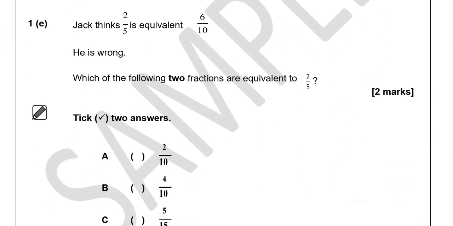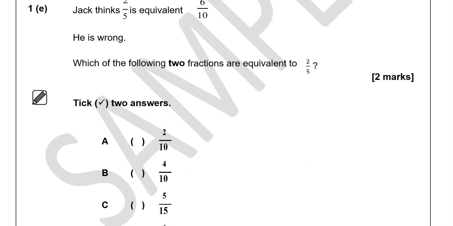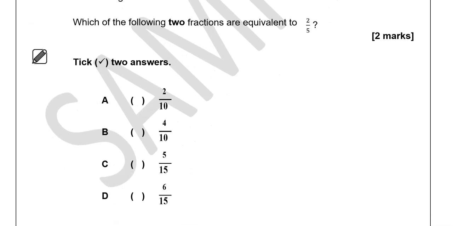Jack thinks 2/5 is equivalent to 6/10. He's wrong. Which of the following two fractions are equivalent to 2/5? So 2/5, to keep the fraction the same, we need to multiply or divide the top and the bottom number by the same number.